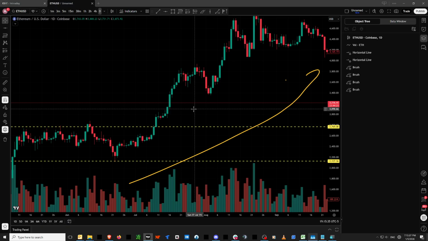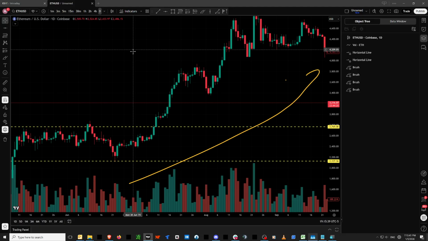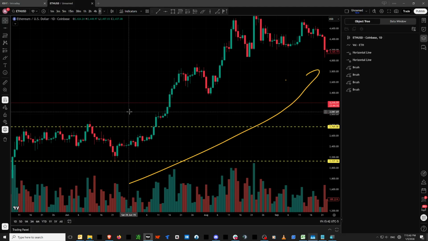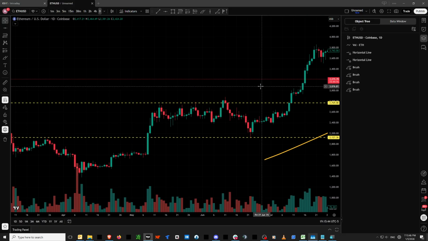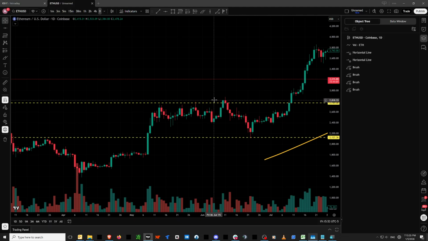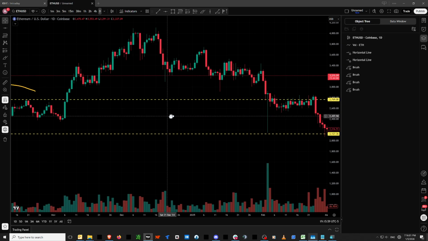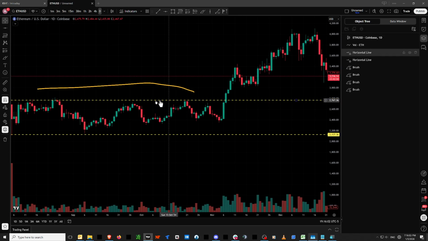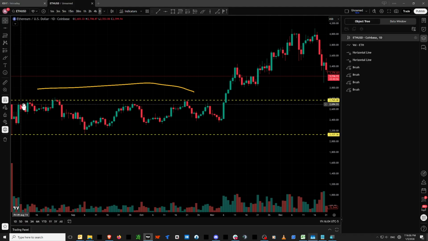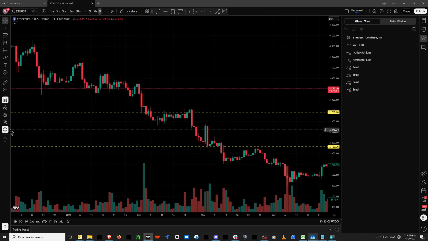When you're trying to set up these lines so that you don't end up with just horizontal lines everywhere, you go back and you look for the number of times that price tagged that line. So here I've got one. Well, I've got 1, 2, 3, 4, 5, 6, that's one grouping, 7, 8, 9, 10. So, you know, you can see it's been tagged 10 times.